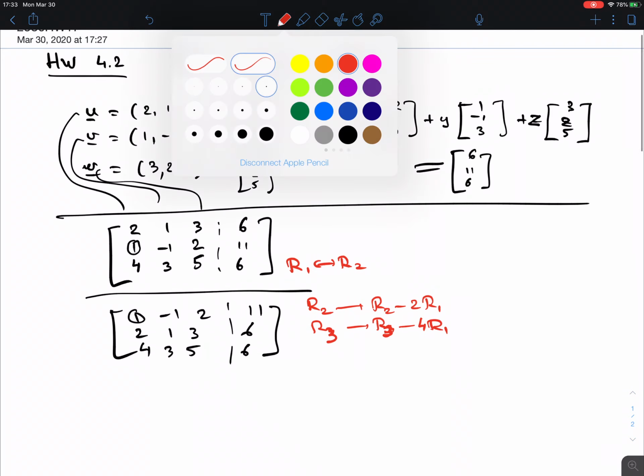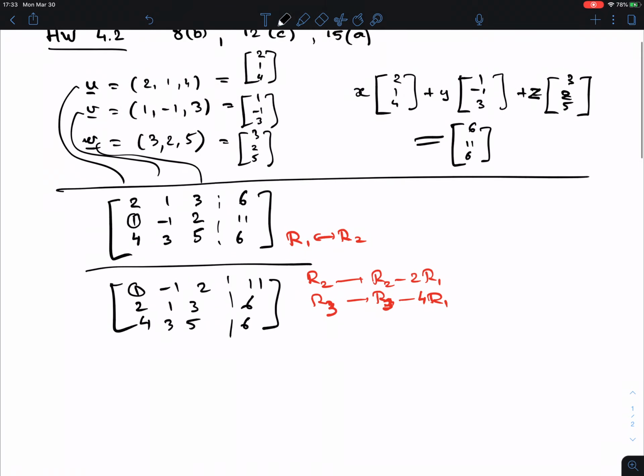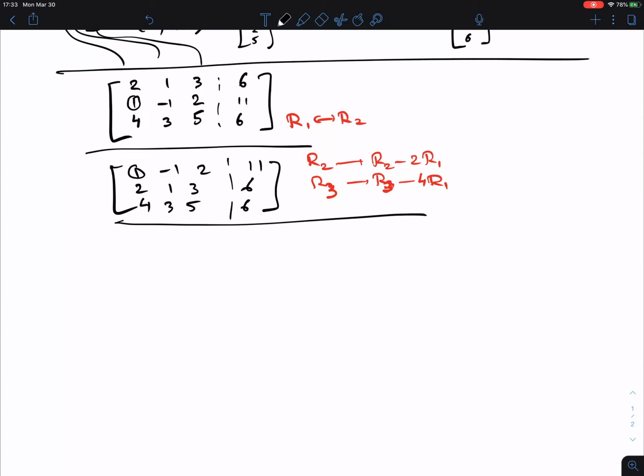Okay, so we get minus 1, 2, 11. So this is times negative 2, and then add it up there, so we get a 0 there. Minus 2 minus 2 plus 1 is 3. Minus 4 plus 3 is minus 1. Minus 22 plus 6 is minus 16.